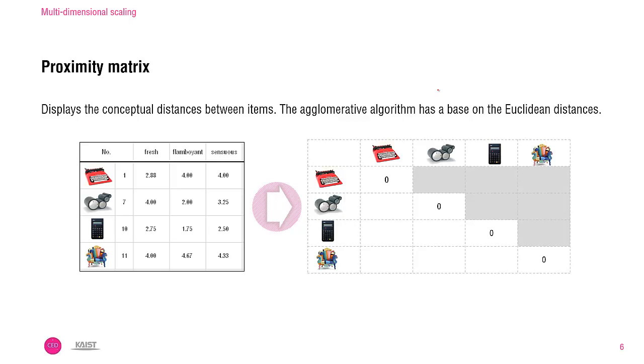I hope you still remember the proximity matrix learned from the clustering analysis. As you learned, a proximity matrix displays the conceptual distances between items. Suppose you have the assessments on these four products with regard to these three adjectives.